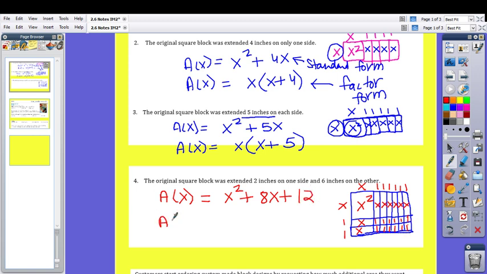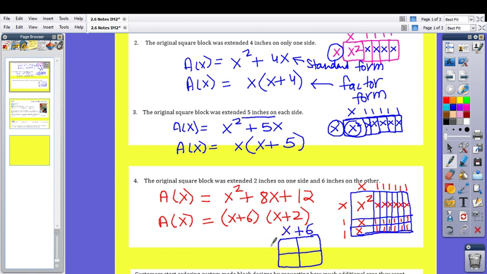And if we are writing it down as the factor form, then for the same thing we will be writing x plus 6 on one side and x plus 2 on the other side. If we make the box of that, then instead of area model, if you do box for this, then you will be writing down, you have x and then 6 inches, so x plus 6, and x, and then 2 inches, so plus 2.